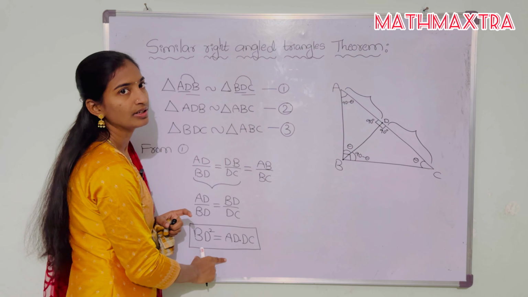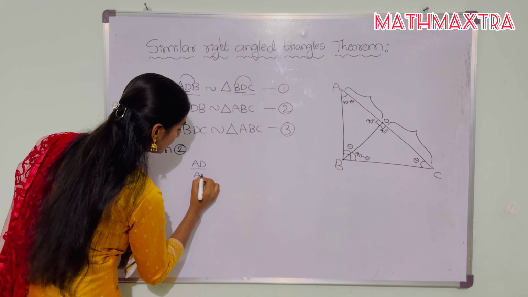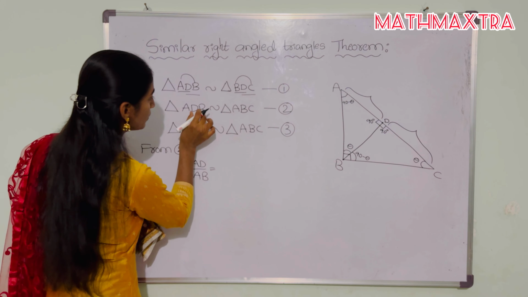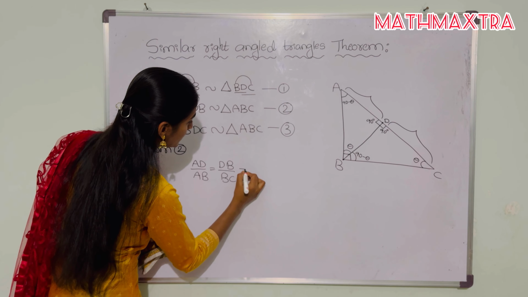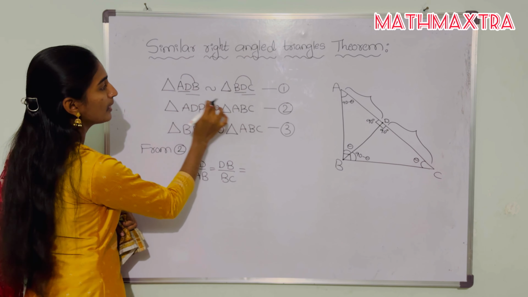From these two similar triangles, corresponding sides are also proportional. So we can write a relation, that side AD and side AB are proportional, right? So AD by AB is equal to DB by BC, which is equal to AB by AC.